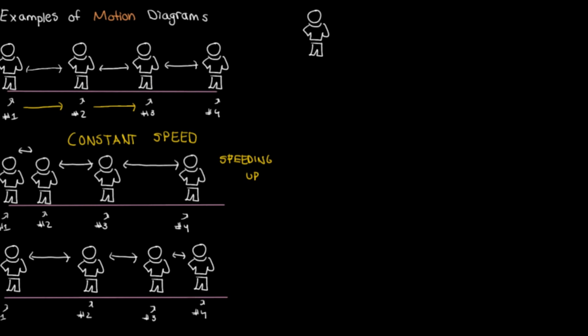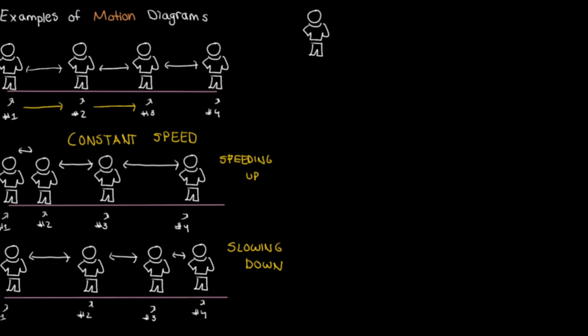And we can see here that this person is traveling a lesser and lesser distance with each amount of time. So we can say that this person is slowing down. It even looks like this person is slowing down, right? He starts by traveling a large distance, but then he's traveling an even shorter distance and an even shorter distance. So we can say that this person is slowing down.